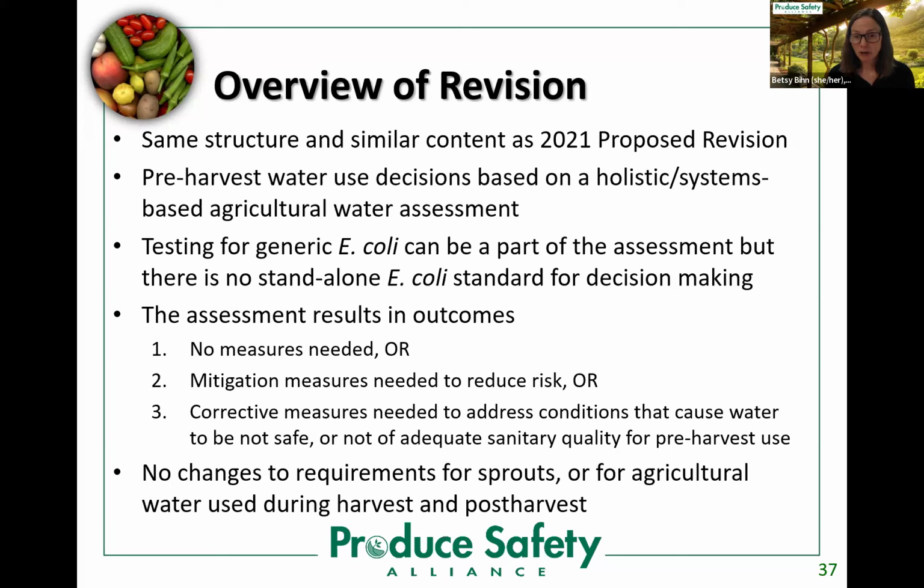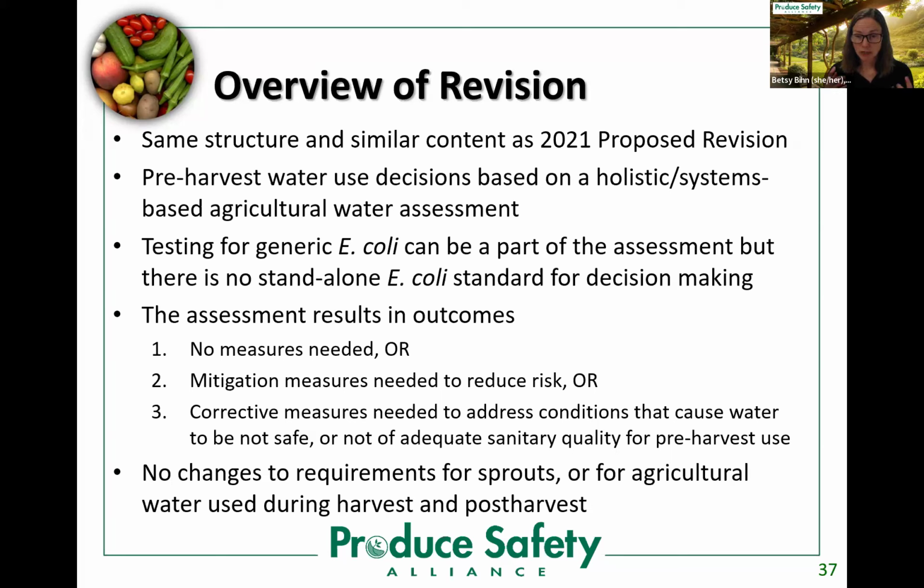Once you do that agricultural water assessment, you have to then look at an outcome. If you have no risks, there won't be any measures needed. If you identify certain categories of risks, you'll have to look at mitigation measures to reduce those risks, or corrective measures to address the conditions that are causing the water to not be safe or of adequate sanitary quality.